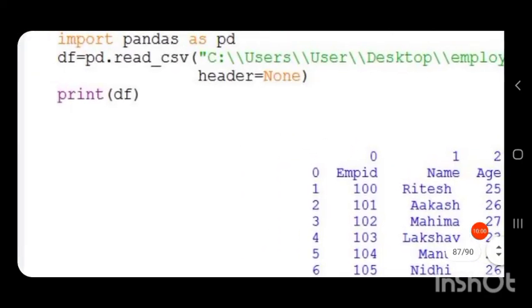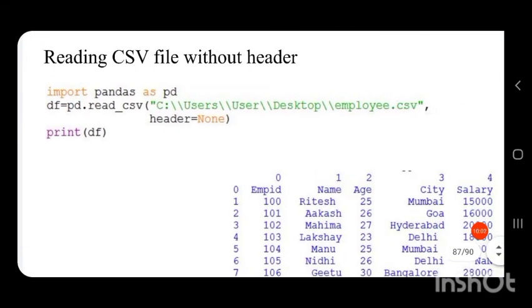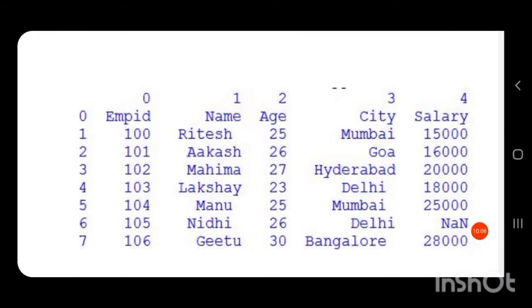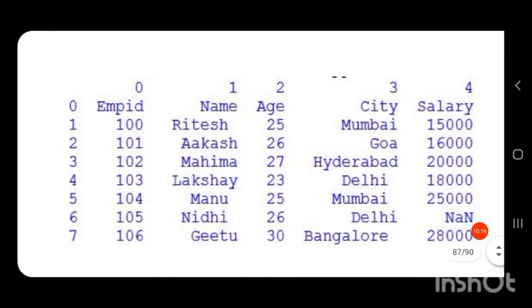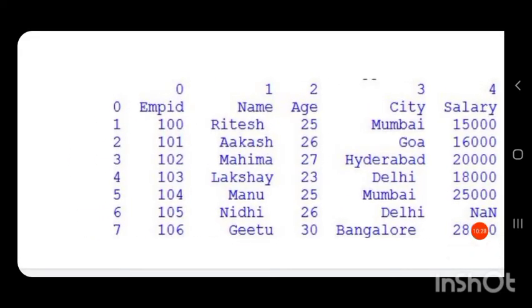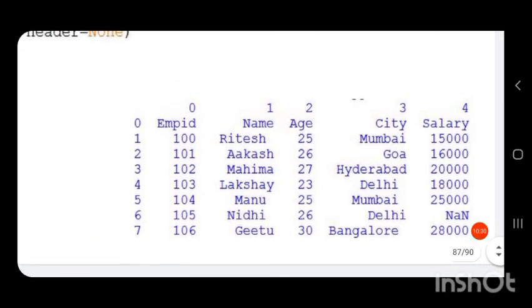You can see when we print this data frame, print df, the output obtained is like this. That is, the column headers have now become a row. In the 0 row index, you can see a new row is added with the column header, and instead of column header, it is replaced with values 0, 1, 2, 3, 4.